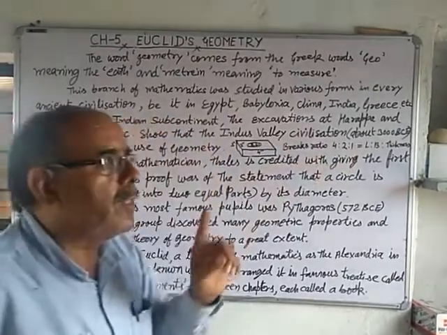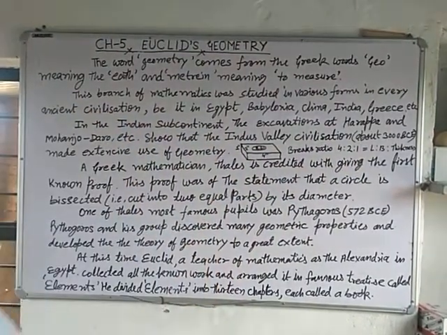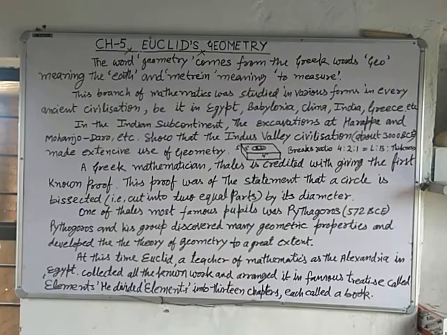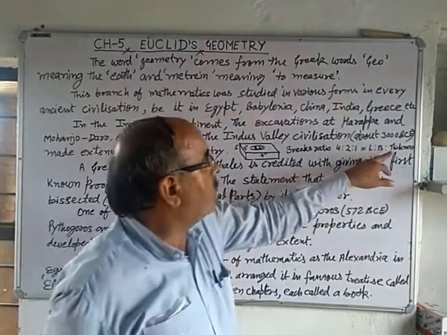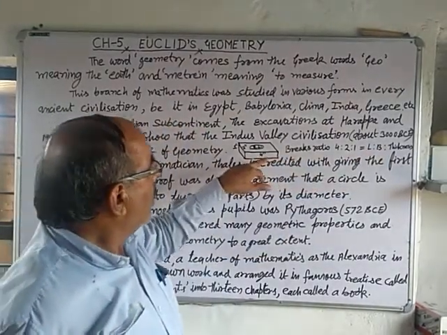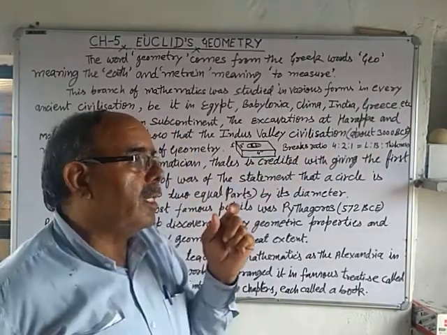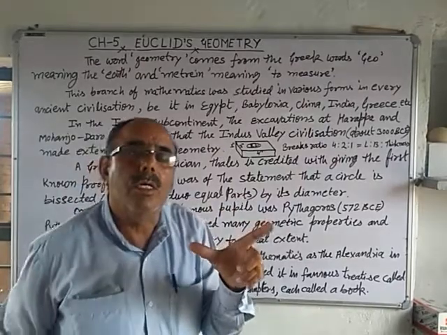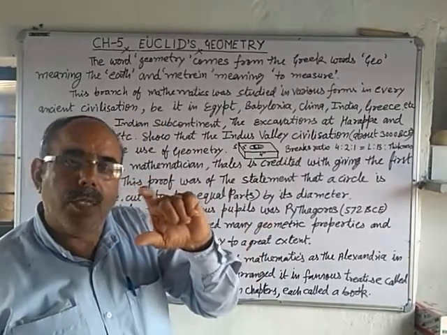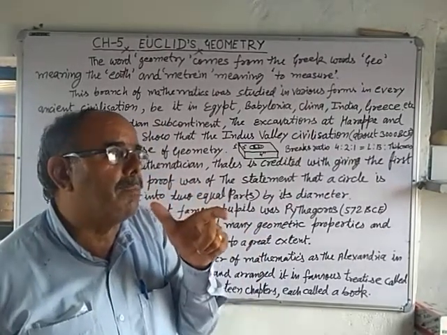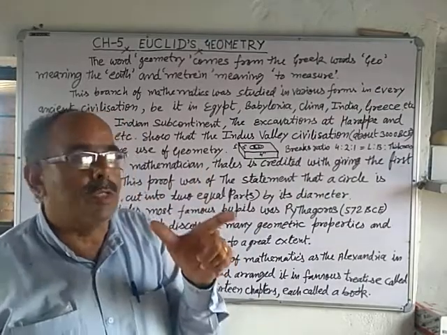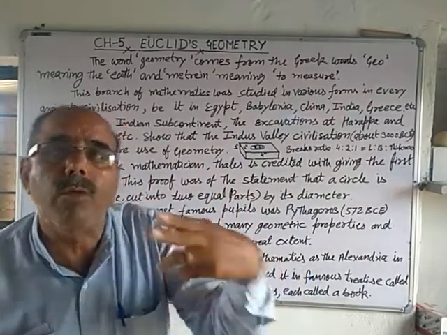It means if the thickness of a brick is 3 inch, then its breadth is 6 inch and its length is 12 inch.